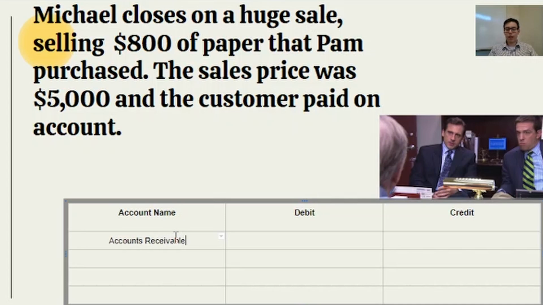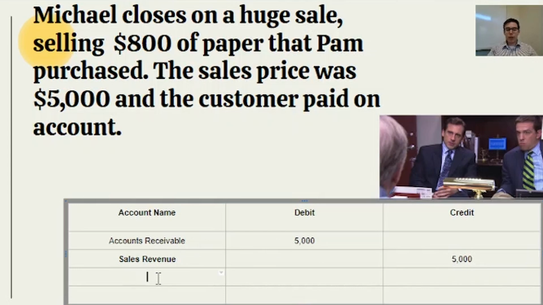Instead of owing the money, now we are owed the money. We are the ones who are going to receive the money. So even though we haven't received cash yet, we need to record an asset. We need to record that we are owed $5,000. So we have a debit to the asset account, accounts receivable, of $5,000. And our credit is going to be sales revenue. Revenue is always increased with a credit.